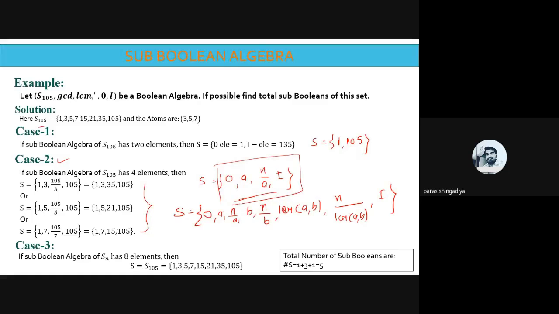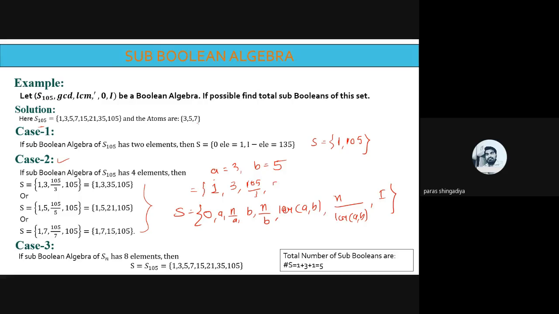So let's consider a equal to 3 and b equal to 5. Now replace in this formula. We get the 0 element equal to 1. Then a equal to 3, and n by a, where n is 105, so 105 by 3.